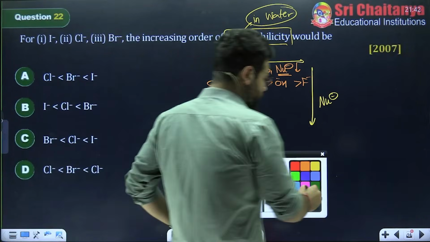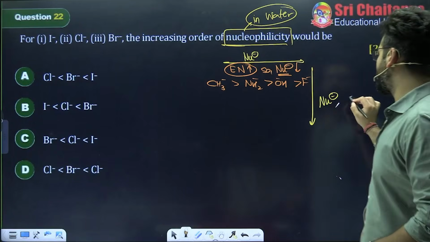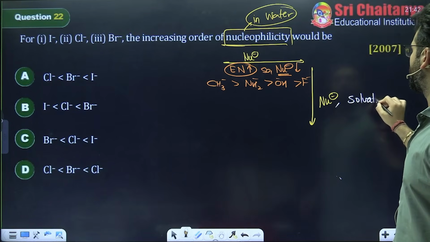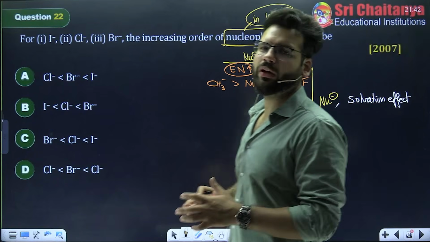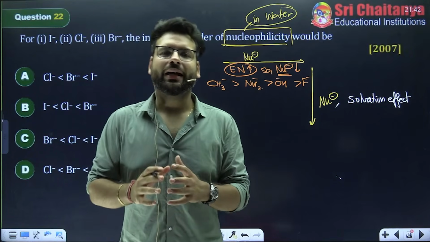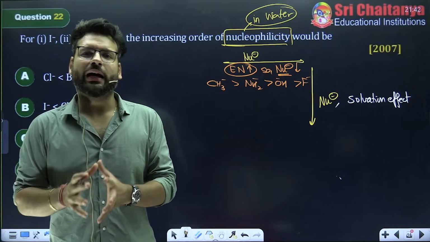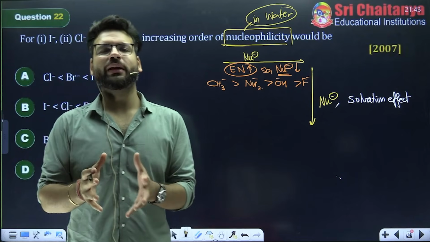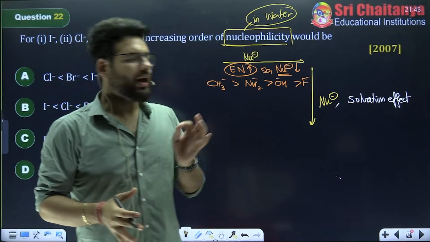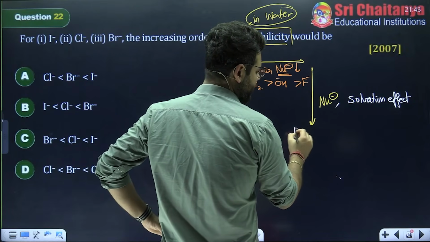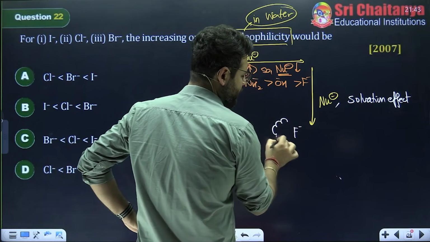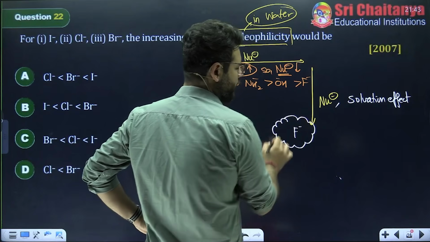Top to bottom, nucleophilicity depends on solvation effect. As we know, when we go top to bottom, the size of the ion increases. The larger the size of the ion, the lesser its hydration or solvation. F minus is highly hydrated, because of which it is very bulky and not a good nucleophile.